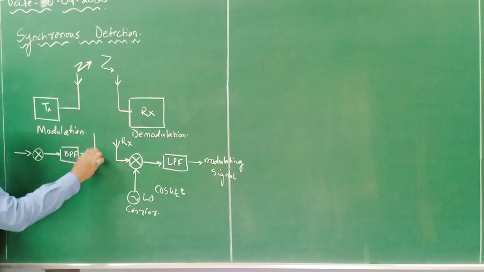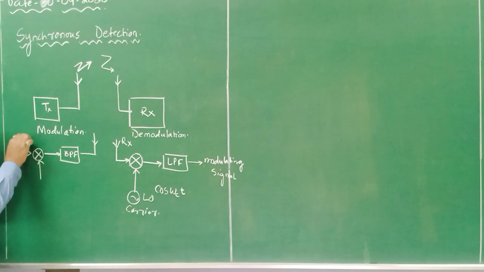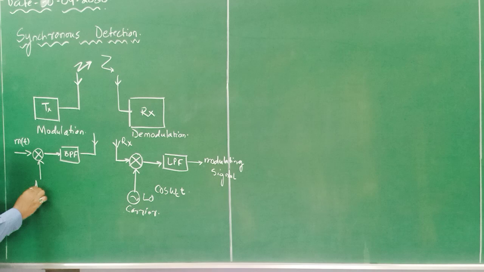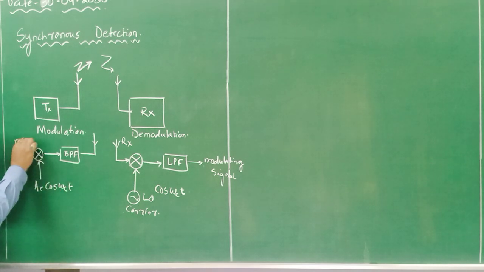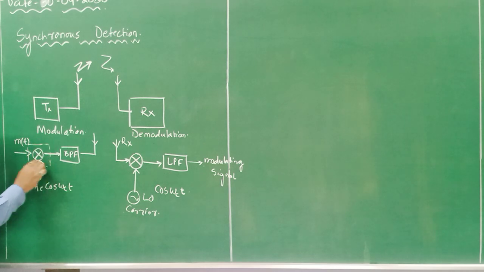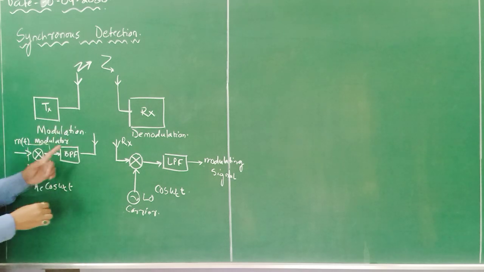Then this band pass filter output is provided. So this is my message component m of t. This is my carrier component A cos omega ct, and this whole block diagram is called a modulator. So this is the small block diagram for generation of the AM signal.